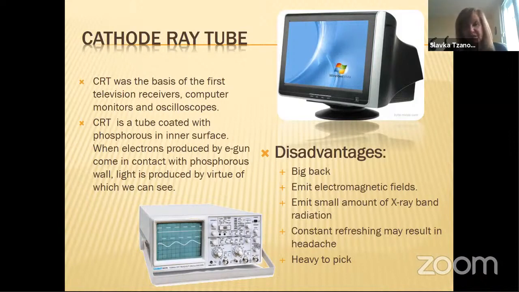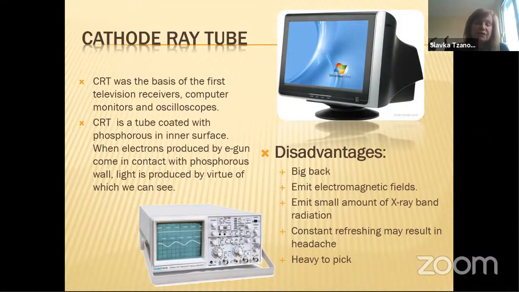This cathode ray tube was the basis of the first TV sets, television sets, and of the first computers, and also oscilloscopes. For a long time we used this principle for oscilloscopes. That's why they were so heavy, big. The dimension and the weight were great.